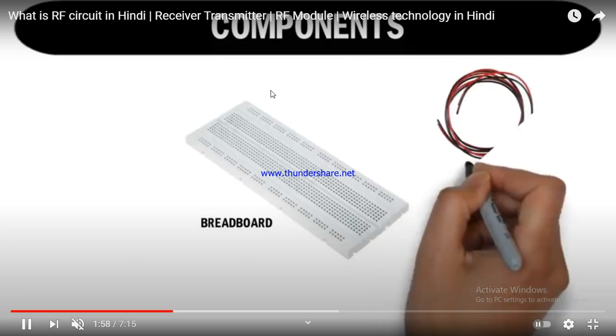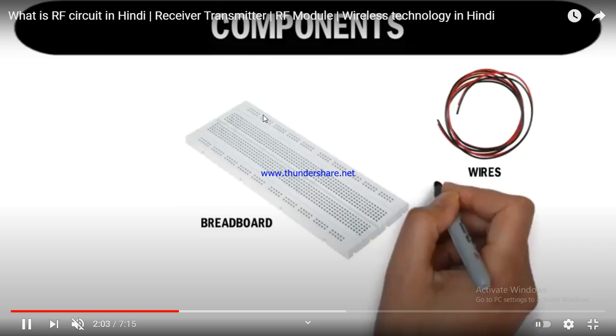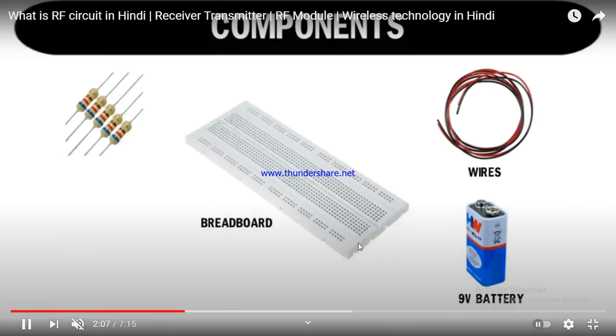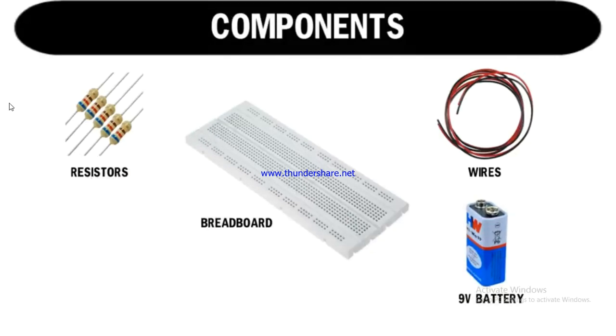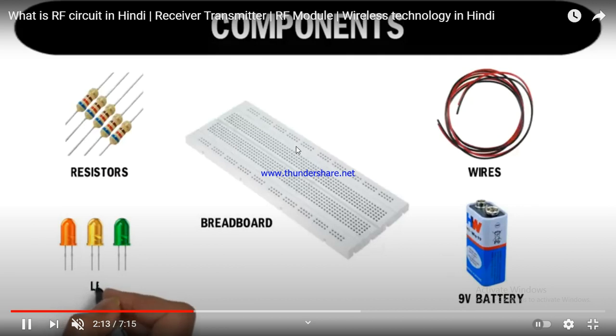Let's understand with the help of components. If you want to develop an RF module, the components required are: first a breadboard, then wires, a 9-volt battery and some resistors. See the breadboard here.